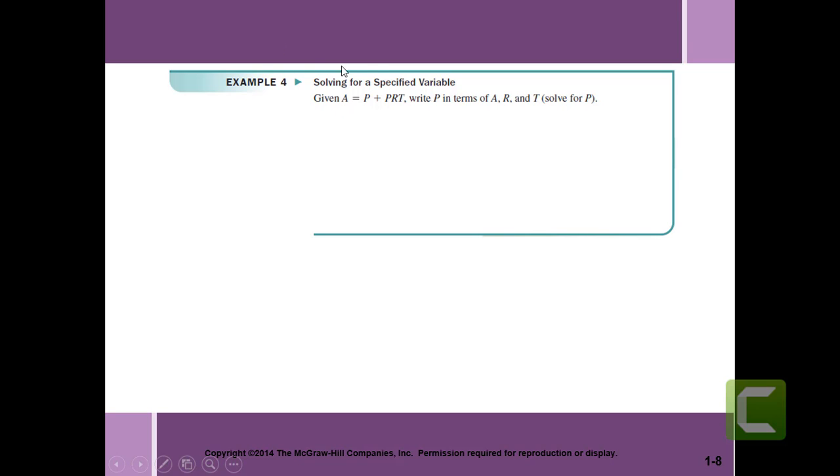So given this formula, can you solve this formula in terms of P equal to something? And the answer is yes. So what you're going to do is you're going to get P on one side of the equal sign, and all the other variables have to be on the other side of the equal sign. Once you do that, you're done, and whatever is the result is your final answer.